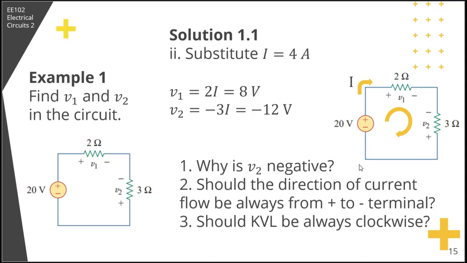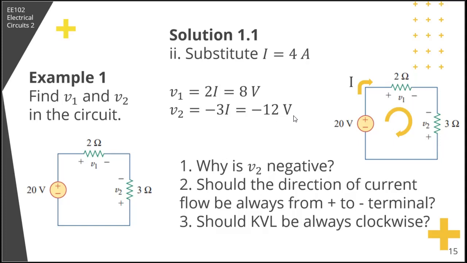V1 is positive 8, V2 is negative 12, so that has a meaning. It is negative because the actual polarity of V2 is opposite the assumed polarity. The problem gave V2 with negative on top and positive on the bottom. Solving V2 equal to negative 12 means the actual polarity of V2 is positive on top, negative on the bottom. So whenever you see a negative value, the actual polarity is opposite.